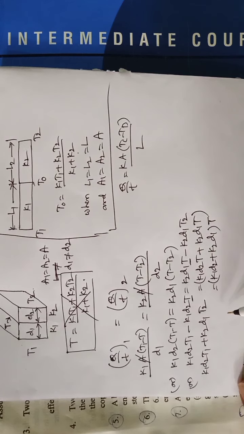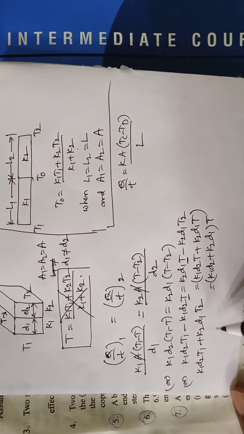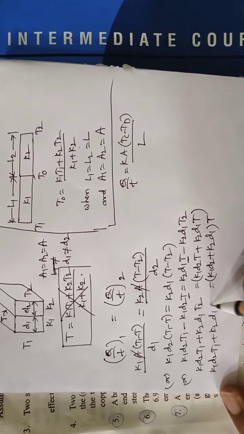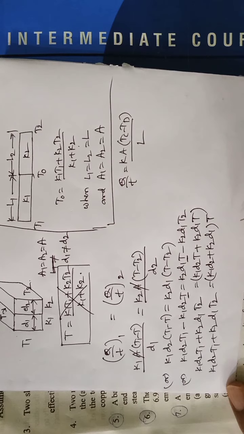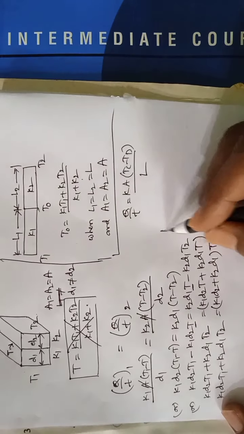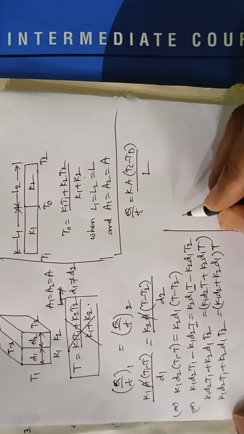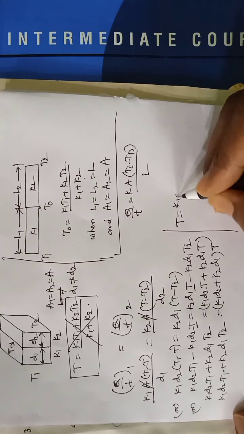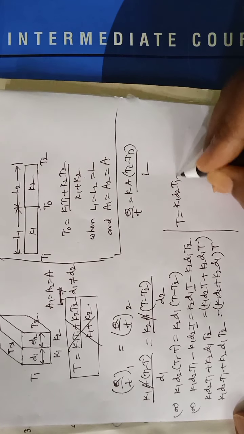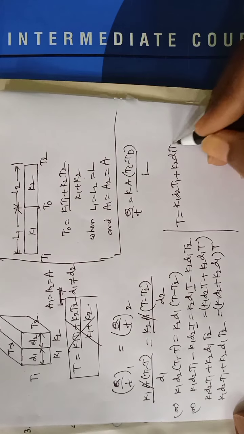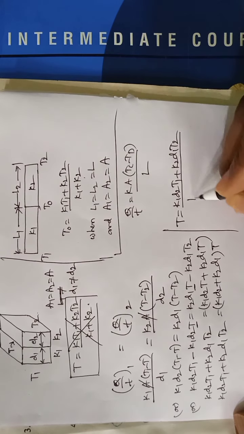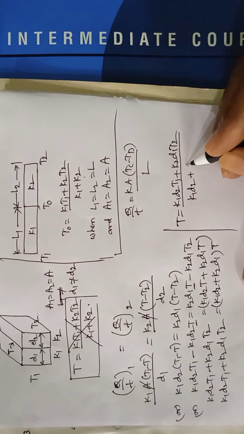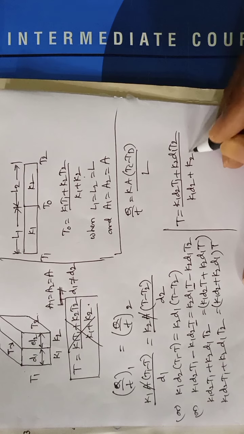But here you can't take anything common. From this we get T is equal to K1 D2 T1 plus K2 D1 T2 divided by K1 D2 plus K2 D1.